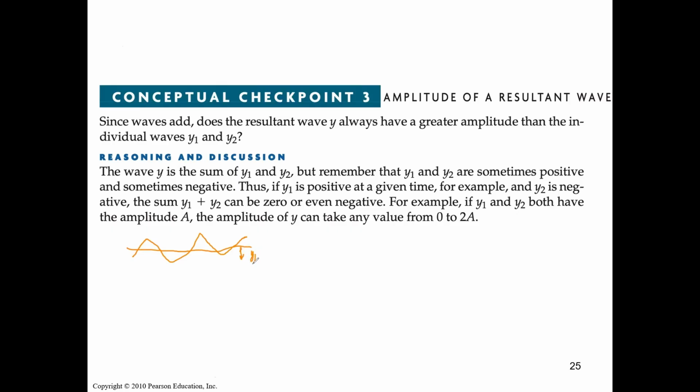So this is y1, and we have another wave, and we usually describe this displacement as the amplitude of y2. So what is the resultant wave? As we learned, the resultant wave is simple addition, so we have y1 plus y2. But does y1 plus y2 always have a greater amplitude? This is wrong.